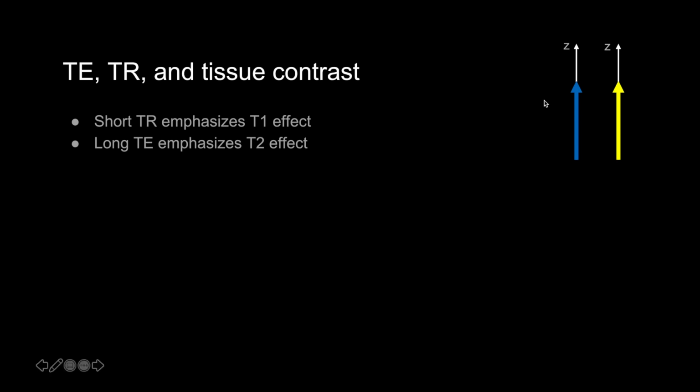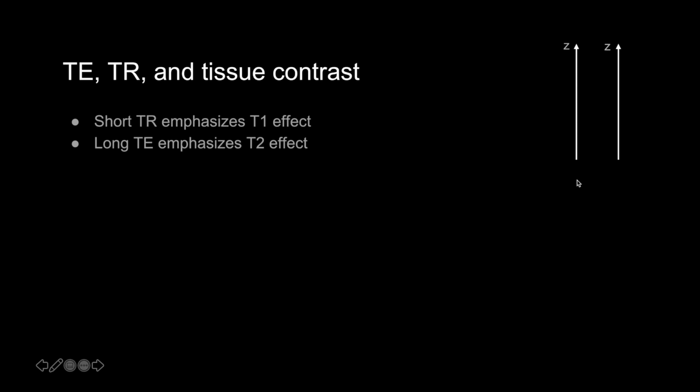So to illustrate that here, we've simplified our diagram into just showing the z-axis, and in blue we have water molecules, and in yellow we have fat molecules. If we apply a 90-degree RF pulse, the entire net magnetization vector is in the xy plane, and therefore there is nothing in the z-axis.